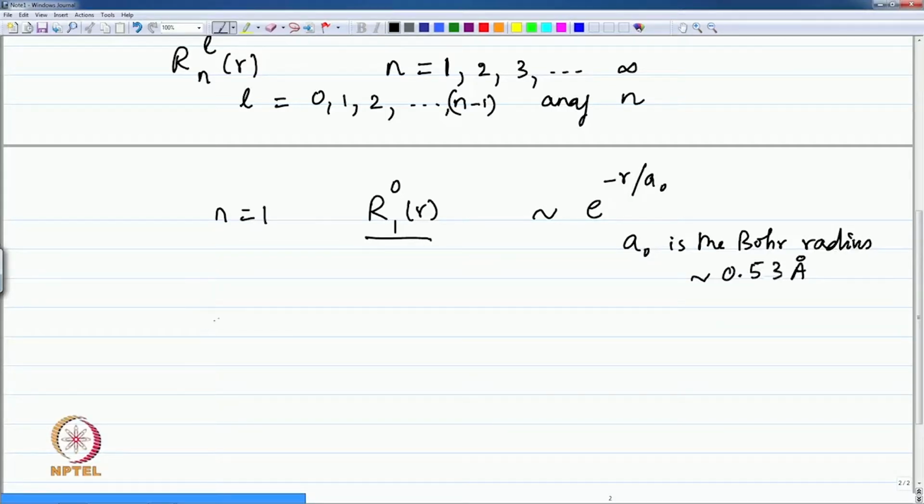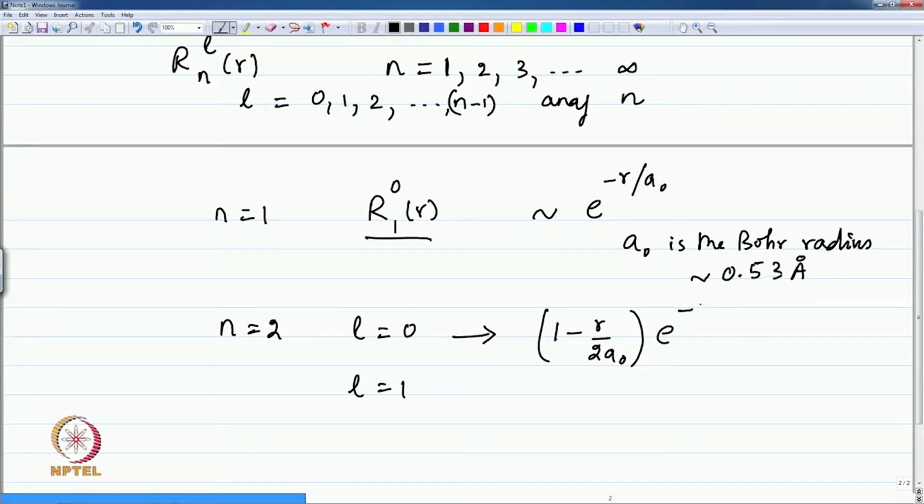For n equal to 2, we have two solutions, namely l equal to 0 and l equal to 1. The function for l equal to 0 is 1 minus r by 2 a naught times e to the minus r by 2 a naught.